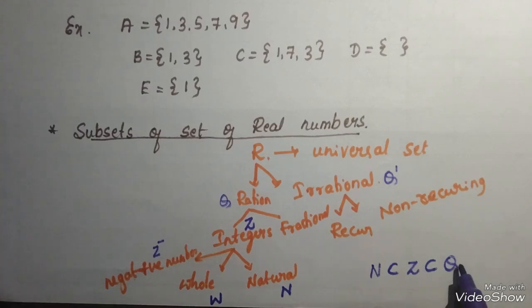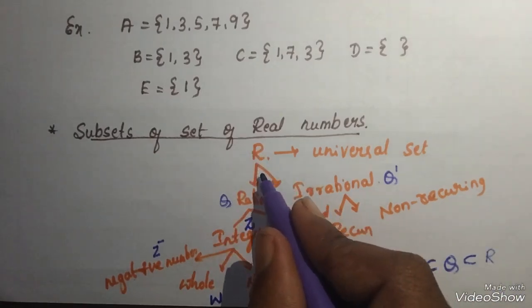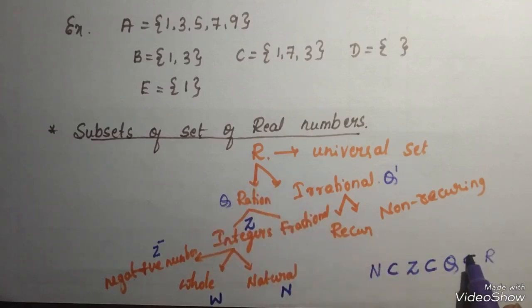Okay, rational numbers means the numbers that can be expressed in the form of p by q. All the numbers, positive numbers, negative numbers and 0, can be expressed in the form of p by q. Therefore, Z is a subset of rational numbers. Again, rational numbers are a subset of real numbers, because real numbers contain the rational numbers.